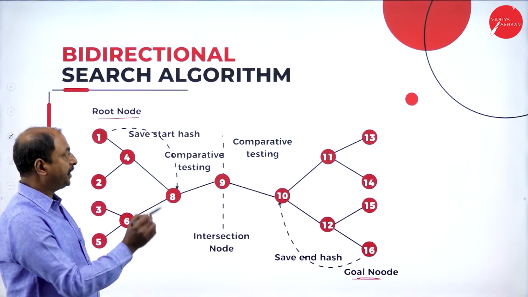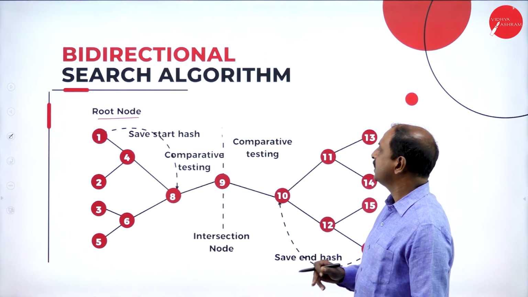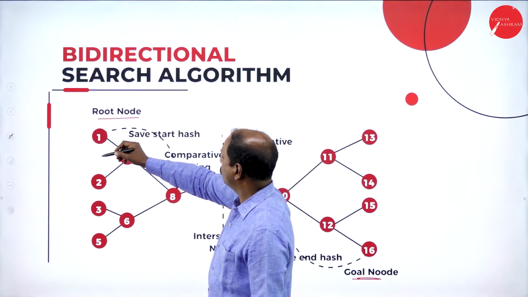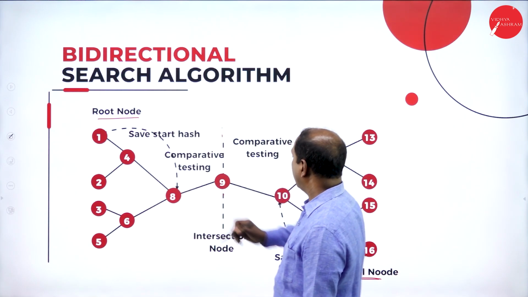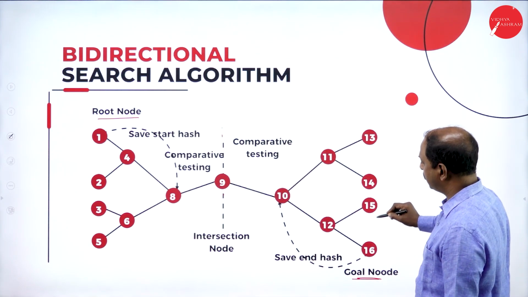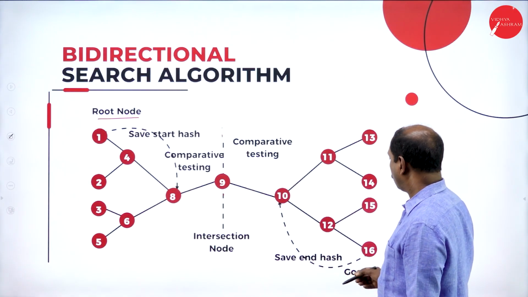As per the definition, the search starts simultaneously from the root node for one subset, and another starts from the goal node for the other subset.